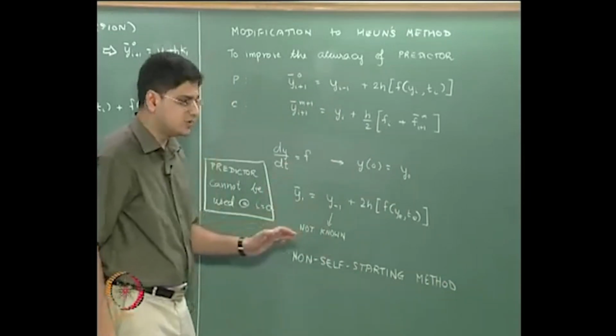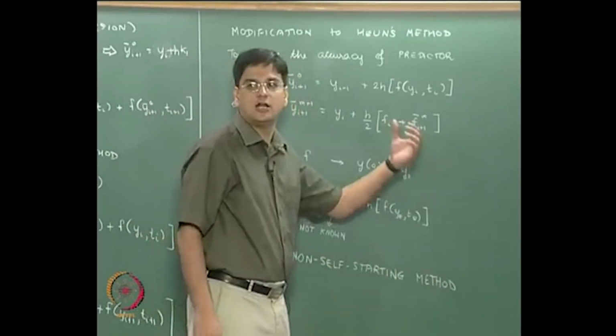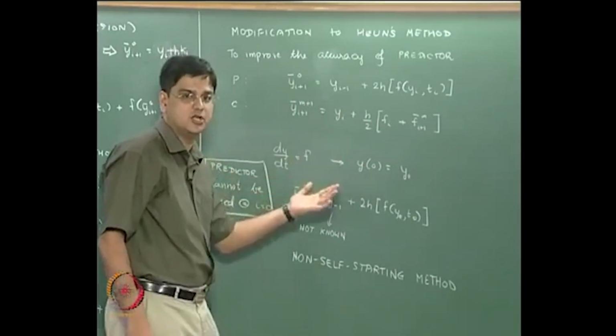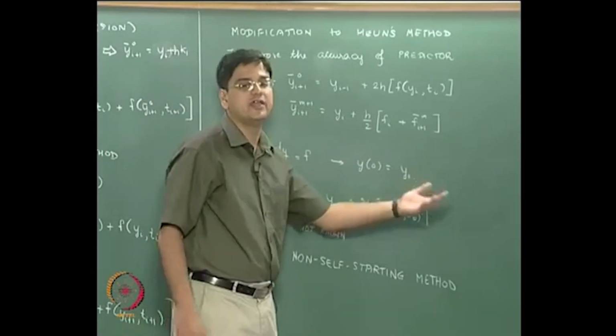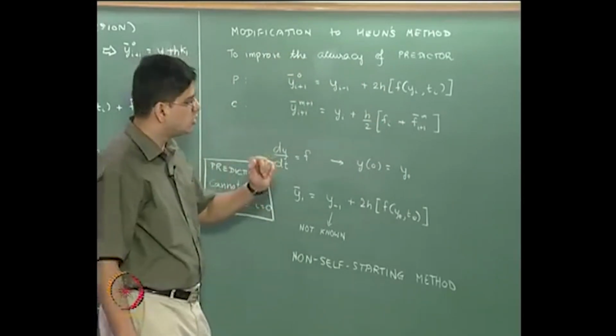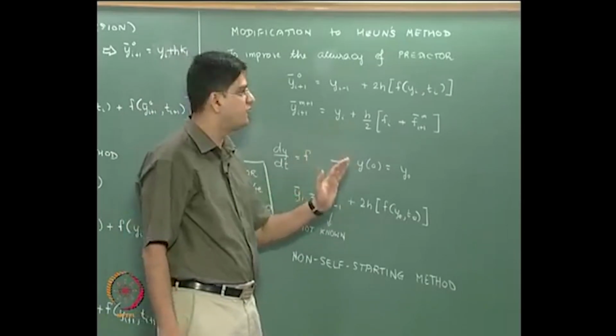Okay. In other words, we need a different method to be implemented at i equal to 0. After that, from i equal to 1, 2, 3 and so on, we can actually start implementing the non self starting method. Okay. So how to get out of this problem? Well, to get out of this problem is straightforward.